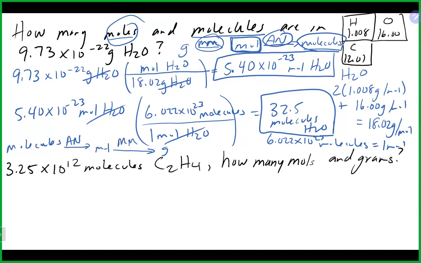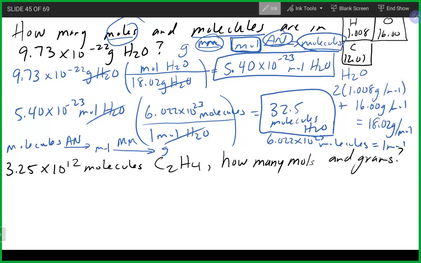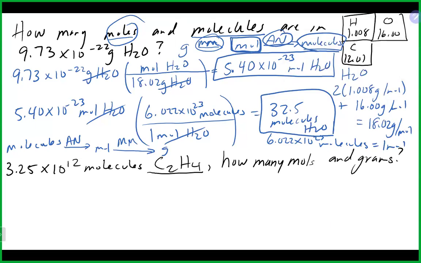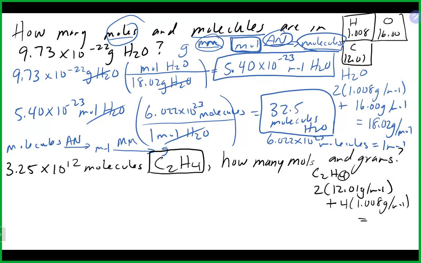So while we're at it here, why don't we just calculate the molar mass of this guy, because we will need to use it. So once again, to get the molar mass, all we're doing is just adding up all the parts here. So for this guy here, we have 2 carbons from the periodic table at 12.01 grams per mole. We then will add it. There's 4 hydrogens, so 4 times our 1.008 grams per mole from the periodic table.